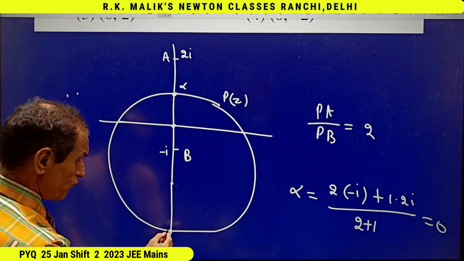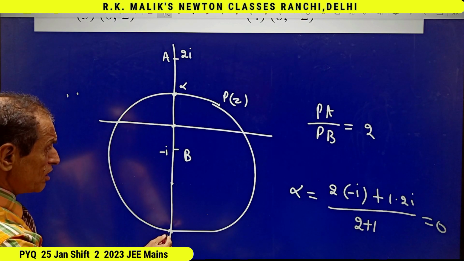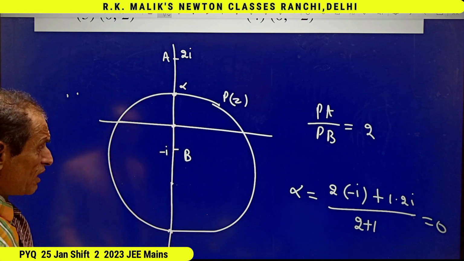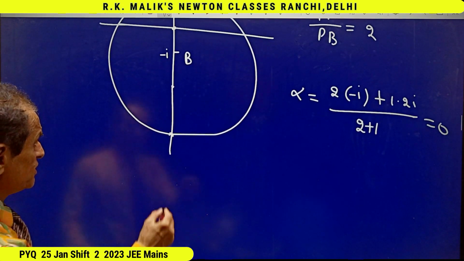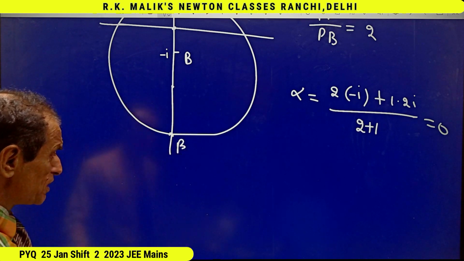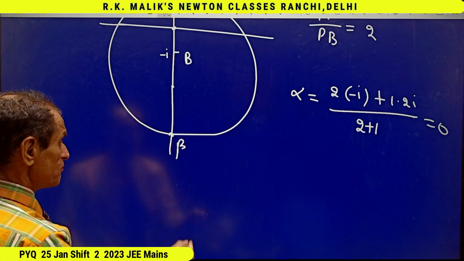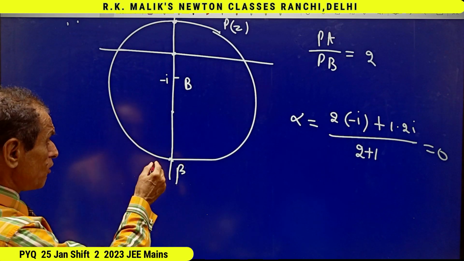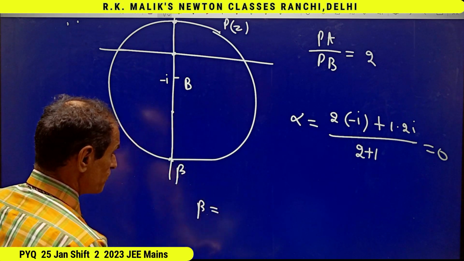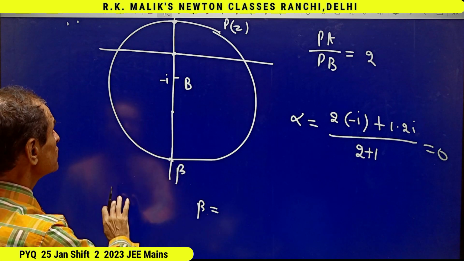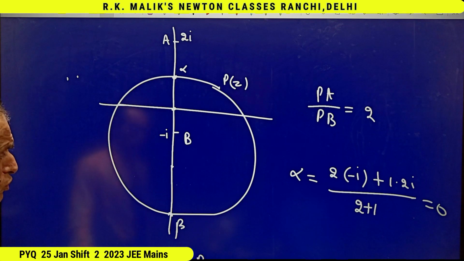And to find the complex number of this point, because this point is dividing AB externally in the ratio 2:1, say this point has complex number beta. To find beta, we'll use the concept that this point divides AB externally in the ratio 2:1.